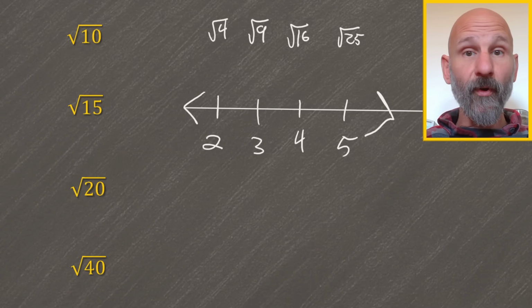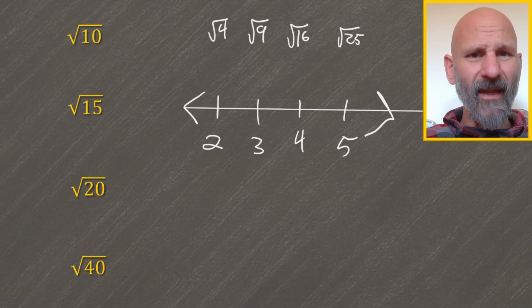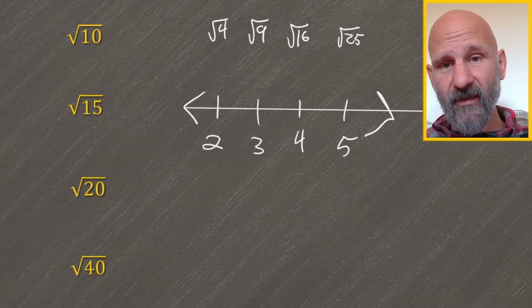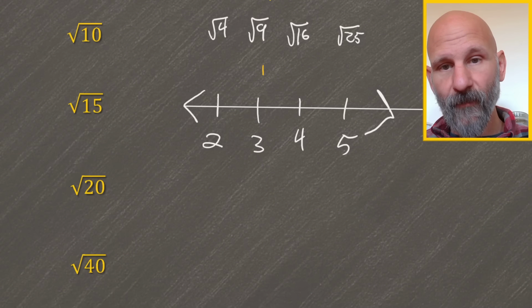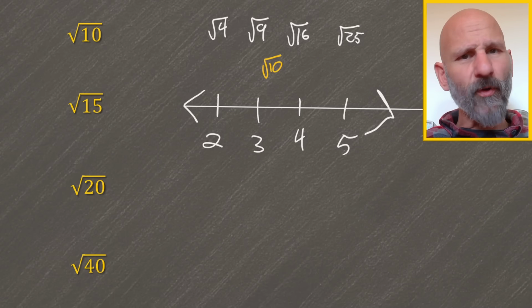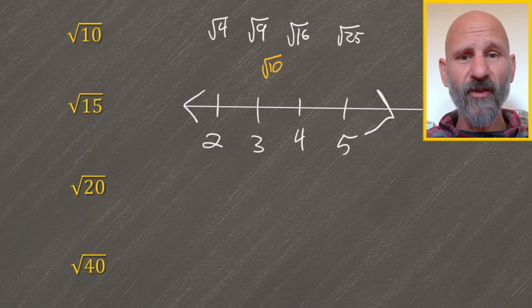So there's our number line there. Now, let's look at square root of 10. Where does that live? Well, that's going to live right in between the 9 and the 16. Now, let's write it here. Square root of 10 is going to live right in between the 9 and the 16. But which one is it closest to? Well, it's just one more than the square root of 9.